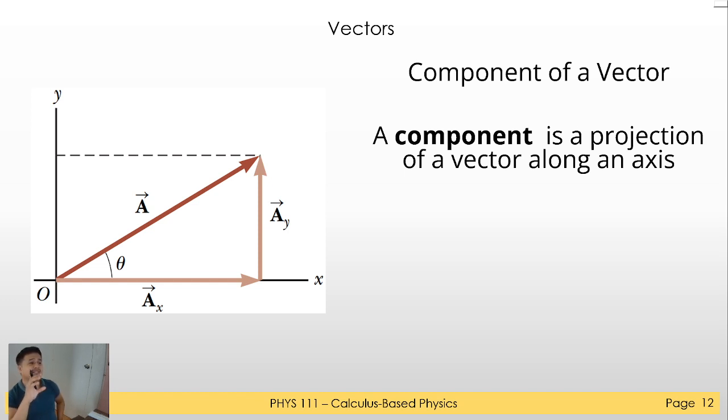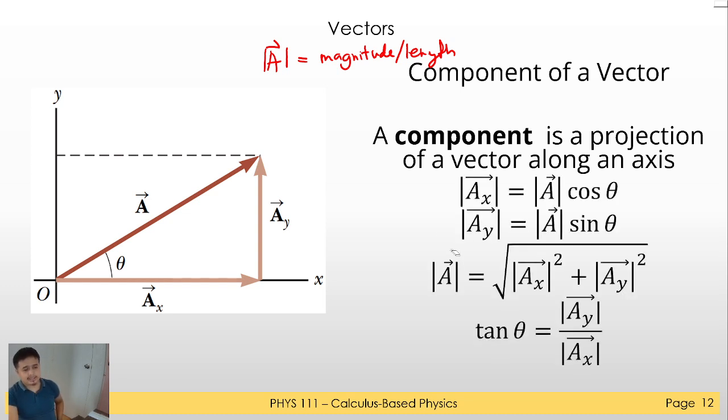Let's talk about only the length for now, at least for the first concepts. The length of A, or the magnitude of A, is notated as the magnitude of vector A. Relating these lengths to each other, as you can see, this is just our Pythagorean or right triangle. You can use the Pythagorean theorem or the sine and the cosine.